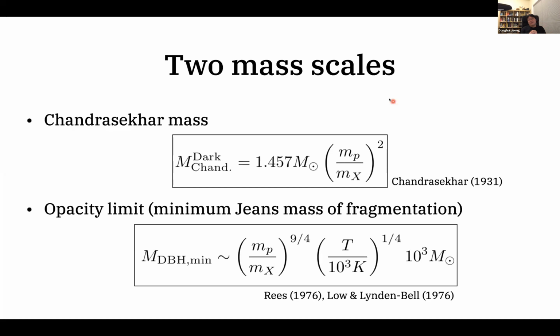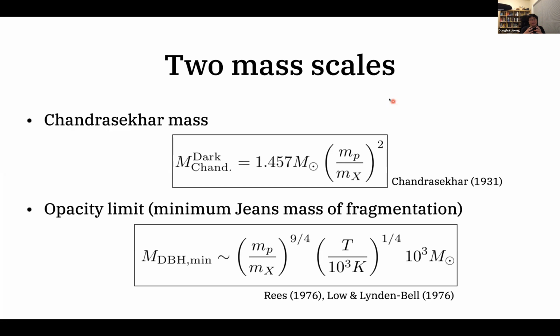And the second mass scale is called the opacity limit. When baryons and dark matter form stars, they first lose their kinetic energy to collapse, but they cannot collapse to arbitrarily high density, because if the density increases beyond a certain point, the opacity increases as well. Therefore, you cannot lose energy.